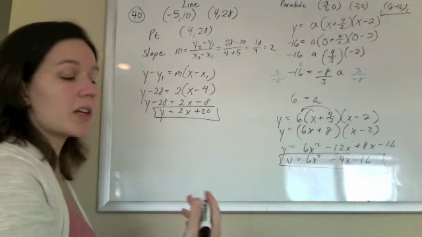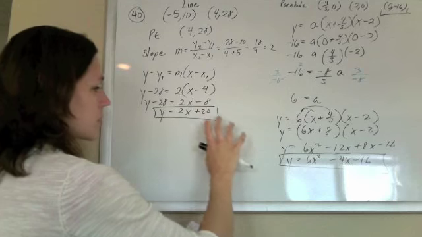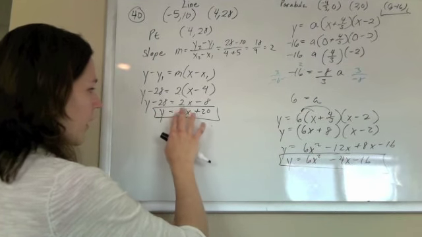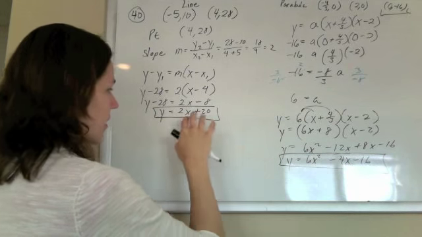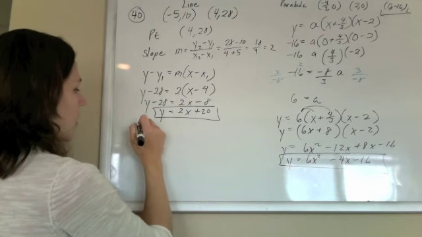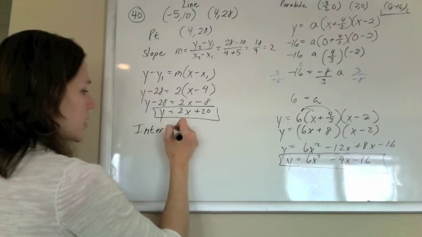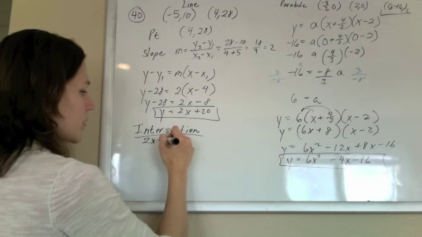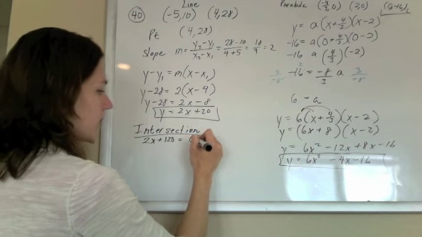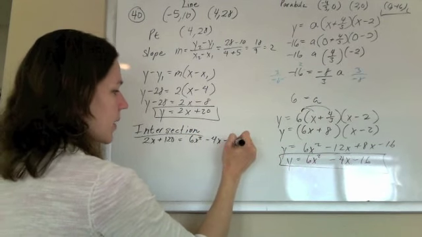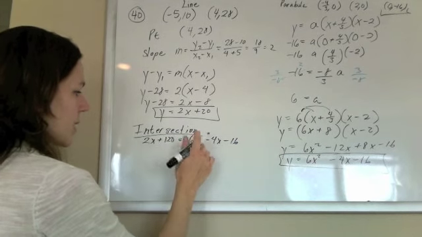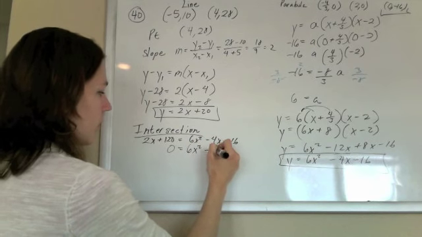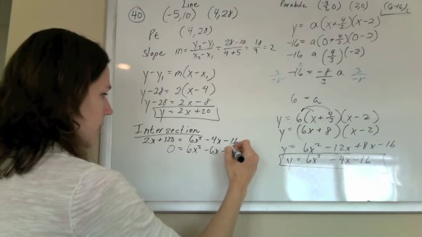They want to know where they intersect, so we've got two equations with two unknowns. We're just going to solve them, set them equal to each other, right? If y equals this and y equals that, then this must equal that. So for our intersection, we're just going to say that 2x plus 120 will equal 6x squared minus 4x minus 16. Every time you've got an x squared term in it, our goal is to set it equal to 0 and to factor it.